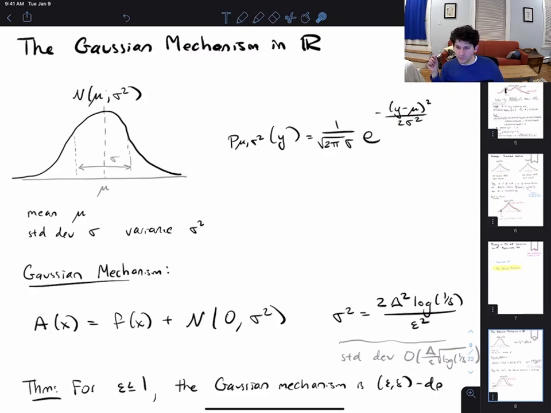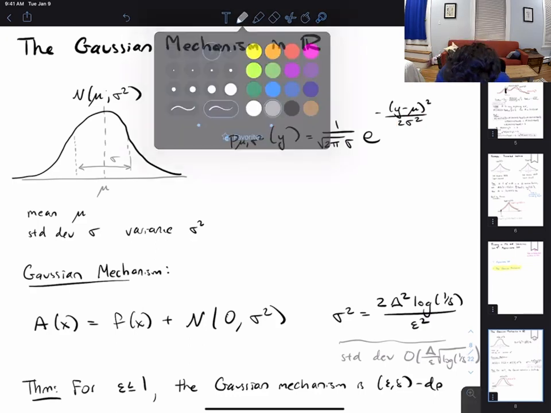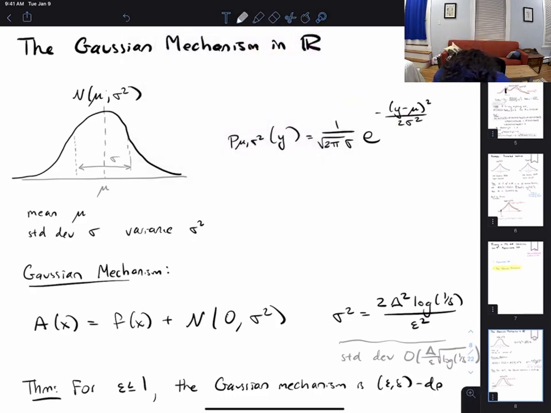If you want to remember for comparison, for Laplace we had e to the minus the distance to the mean, not squared, just the absolute distance to the mean divided by lambda, which was roughly the standard deviation. So for the Gaussian, we take that thing in the exponent roughly and we square it, and then we divide by 2, but that's a small matter.